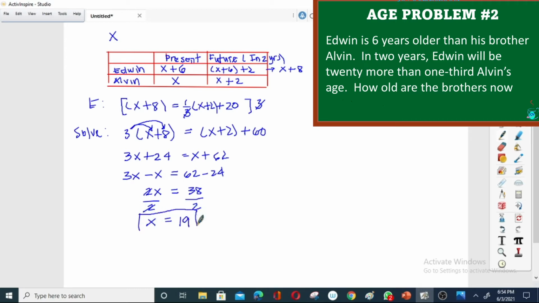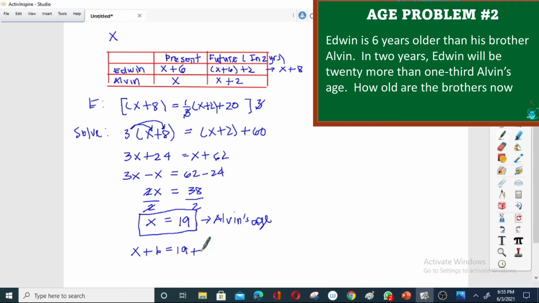So the age of Alvin in 2 years is 19. This is Alvin's age in 2 years. And Edwin will be x plus 6, which is 19 plus 6.